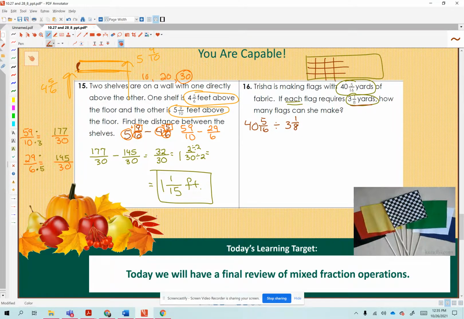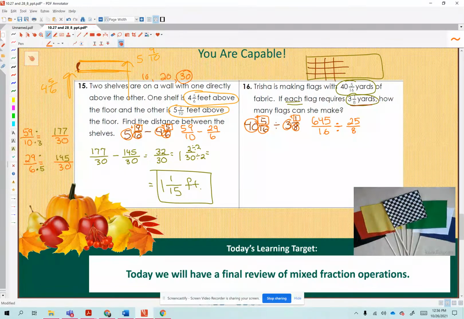And our first step will be to turn those into improper fractions. So it's going to be a big number. You're going to need a calculator here. So let me get my calculator because I can't even do this in my head. So 40 times 16 is 640 plus the numerator of 5 is 645 over 16 divided by 8 times 3 is 24 plus the numerator of 1 is 25 over 8.